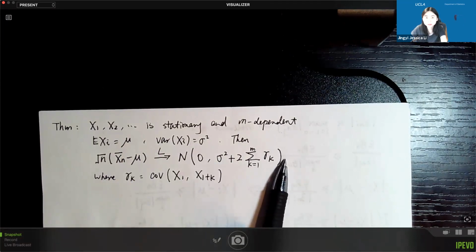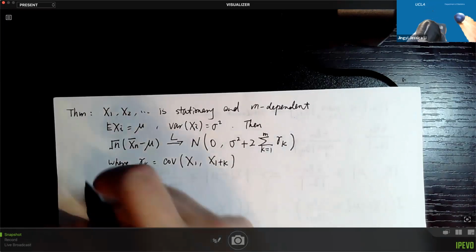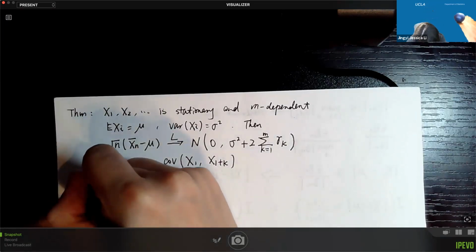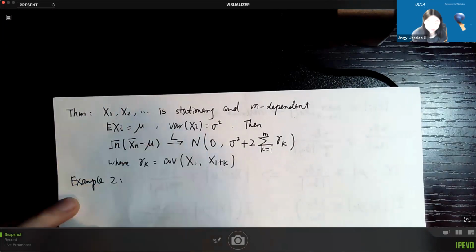So last time we gave you an example that applies this theorem, and it's about the mth product moment. So today we're going to do another example to show how it can be useful in practice.